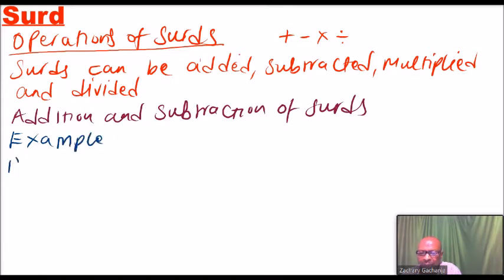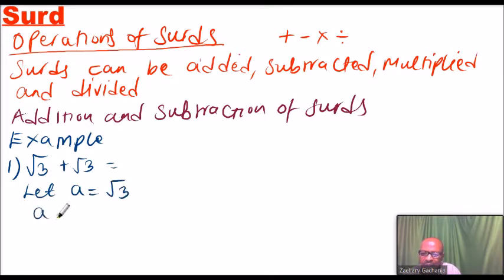Let's say we have root 3 plus root 3. To understand this, let A equal root 3. So what we have is A plus A, and that gives us 2A.